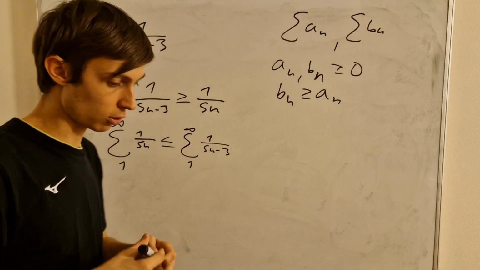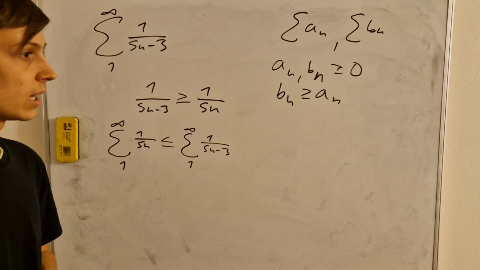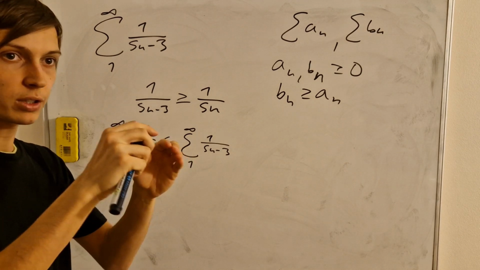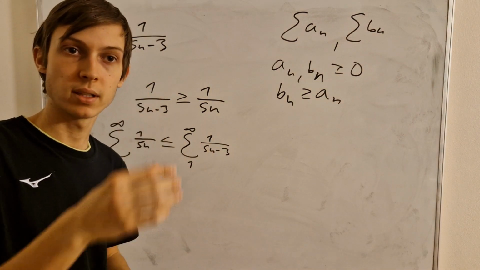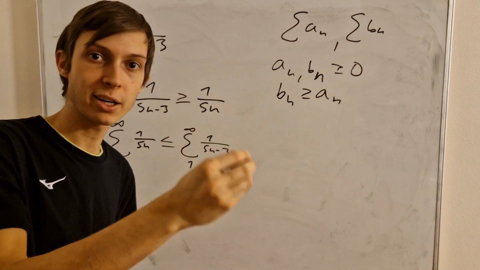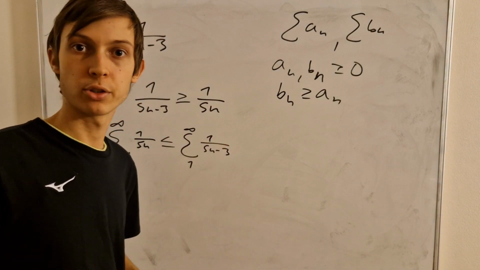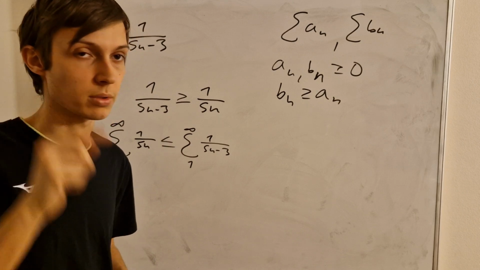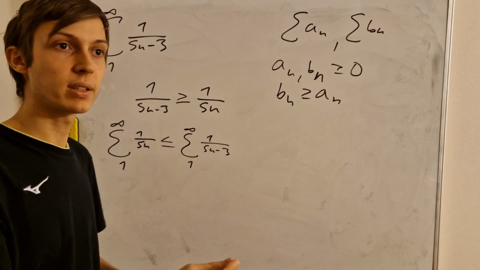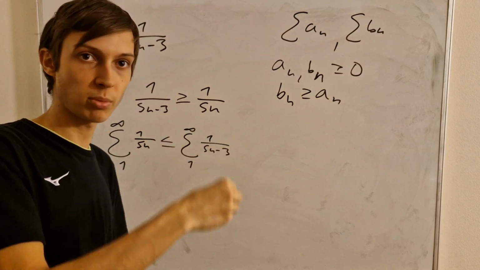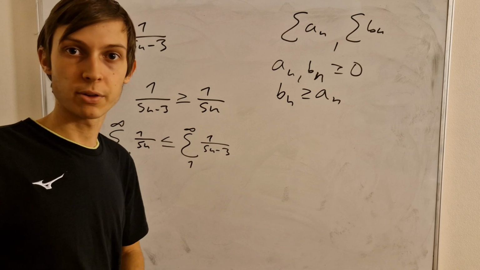A point that I made some time ago is that if one of the series diverges, and it is the smaller one, then the bigger one, which has a higher value for every corresponding term, will also diverge, because it's adding up all the terms. And if every term is bigger than the smaller one's, then this bigger one will, of course, diverge as well.